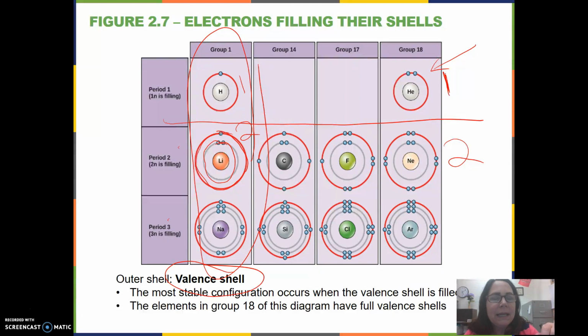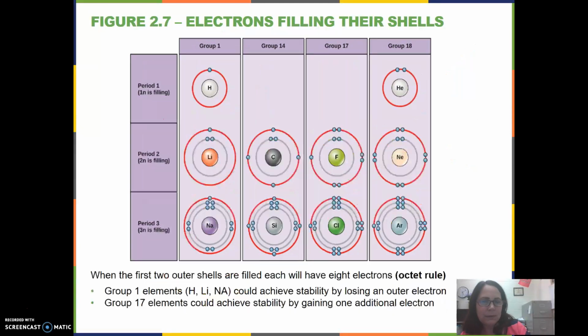The first energy level, or the first electron shell, is filled with 2. The second, third, fourth, and so on are filled with 8 electrons. So 2 electrons will fill up the first electron shell, and then 8 electrons will fill up the second, third, fourth, fifth, sixth, seventh, and so on.